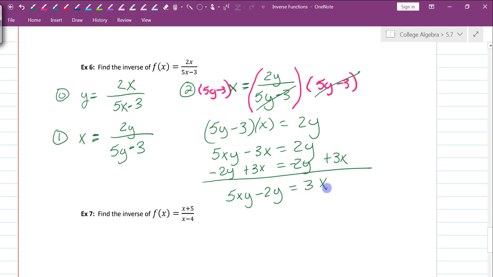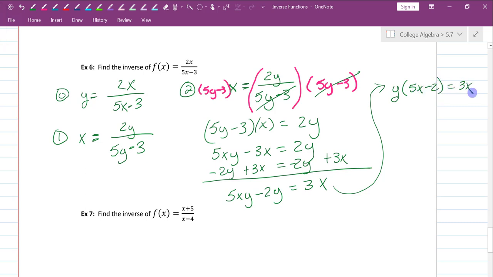So far, so good. Now notice I have a y that's common to both terms on the left-hand side, so I can factor out my y. So that means I have y times 5x minus 2 is equal to 3x.